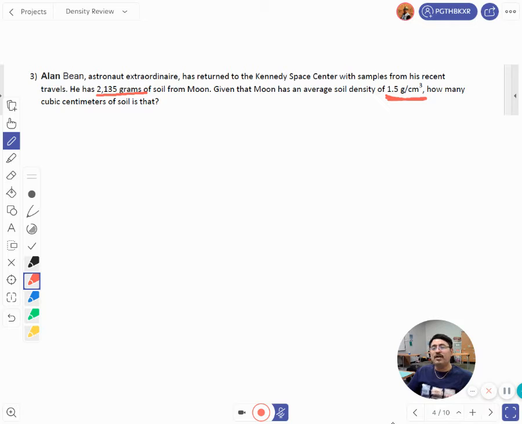So first of all, grams indicates mass. Therefore, mass is 2,135 grams. And next, density is given as 1.5 grams per cubic centimeter.